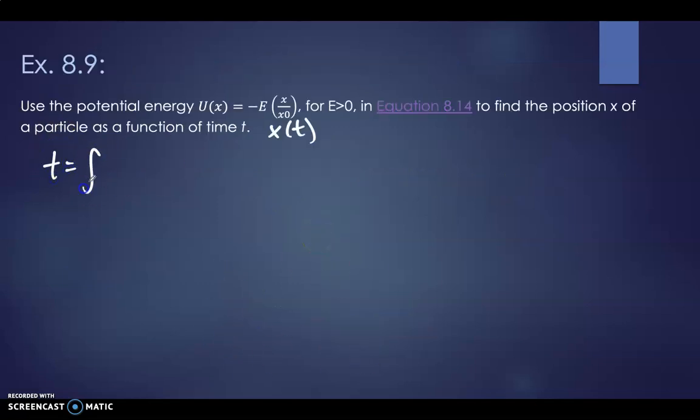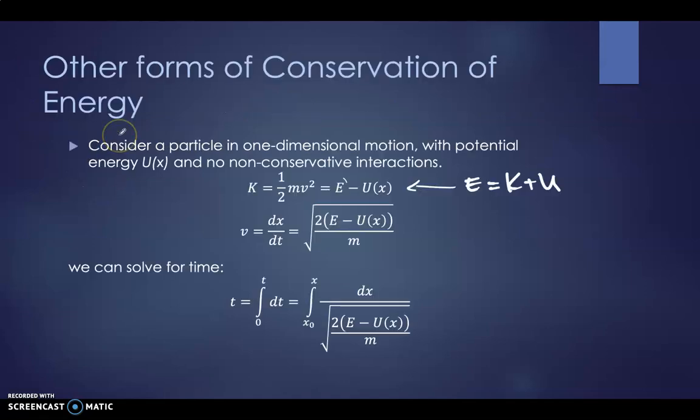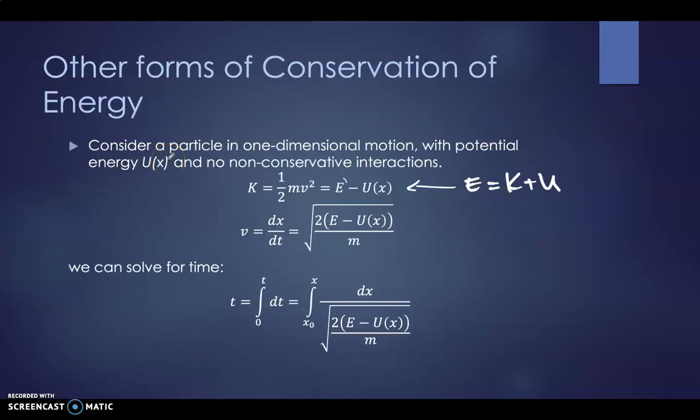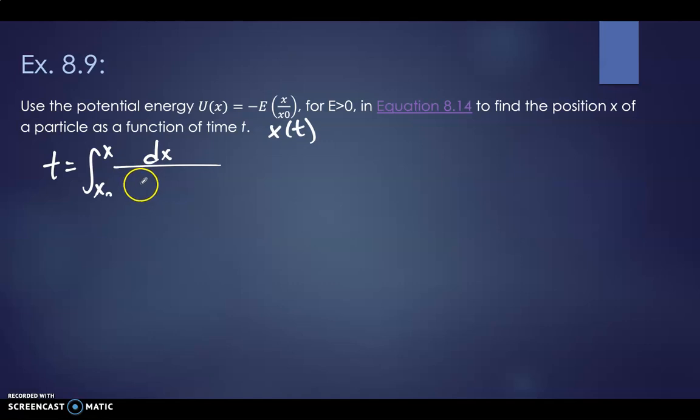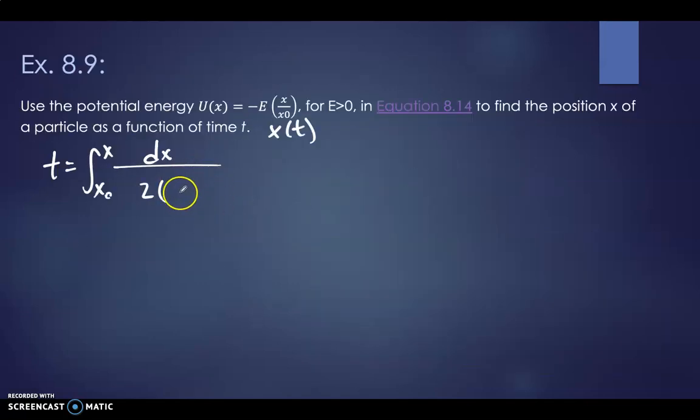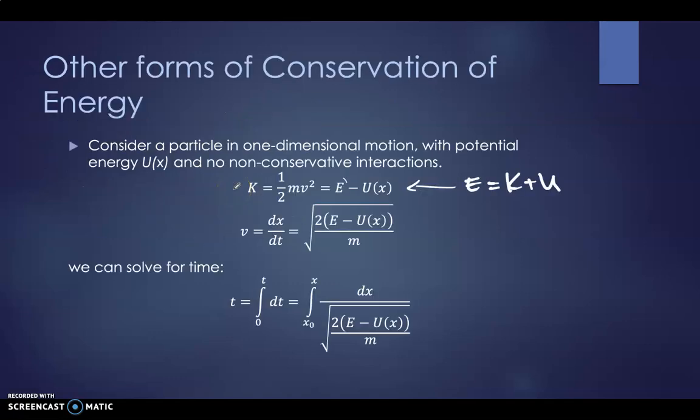T is equal to the integral from x naught to x of dx over the square root of 2 times E minus U, which is minus E times x over x naught, trying to make this as neat as possible, divided by m.